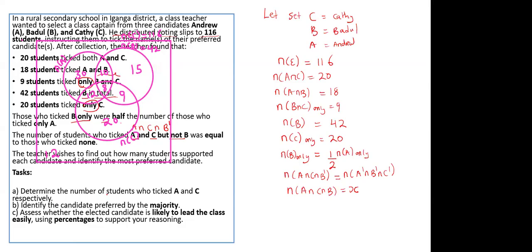The first one: determine the students who ticked A and C respectively. Now that one is asking you A and C. Read the context and understand. I don't expect you to say that and means intersection, and then write A intersection C. That's not the meaning.